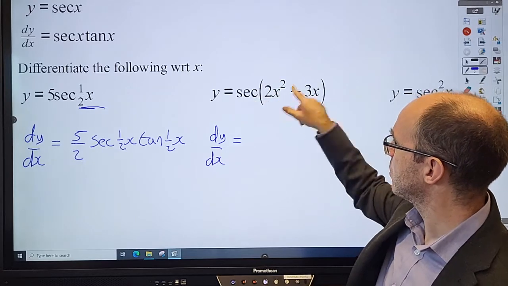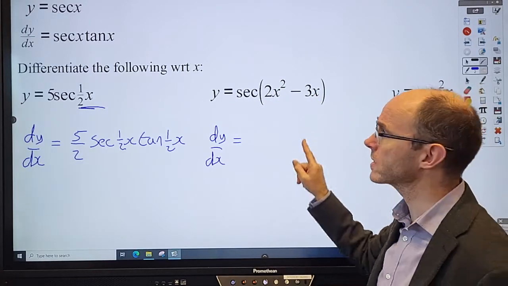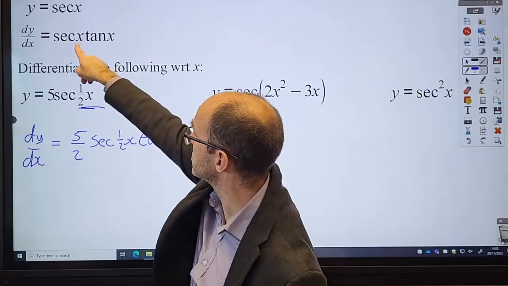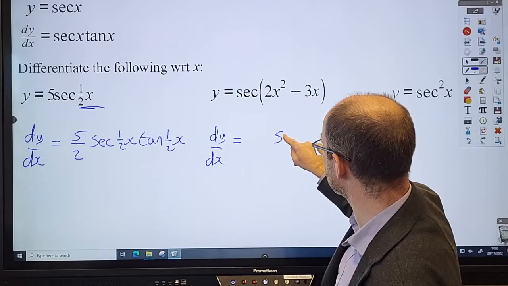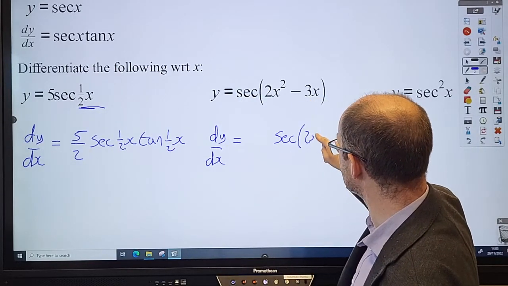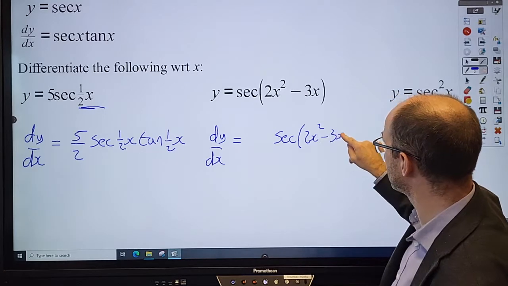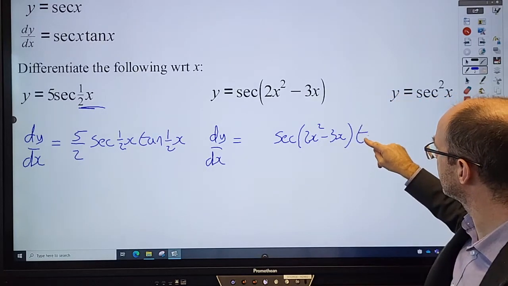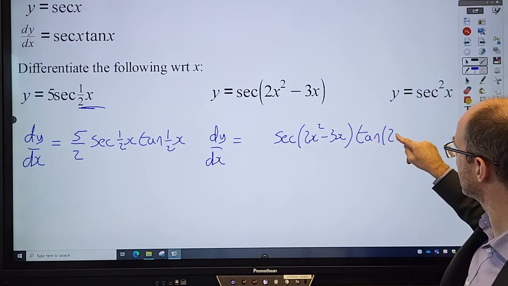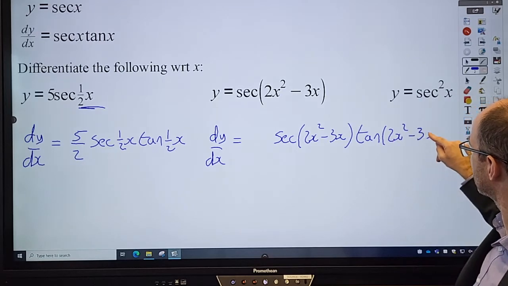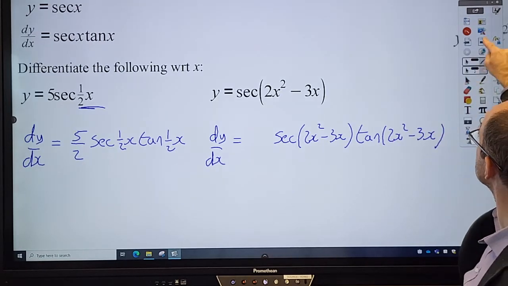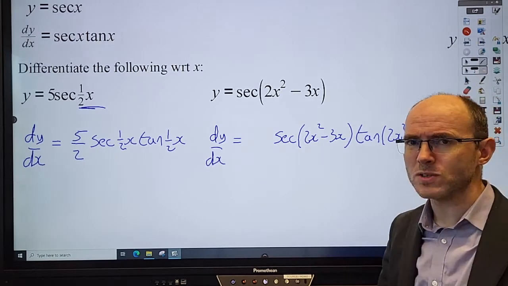So sec of that, so that's the angle in brackets. Our answer's got to be something to do with sec(2x² - 3x) tan(2x² - 3x). I'm just going to put this other question to the side there. Notice how that works.